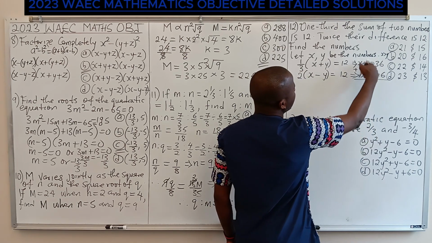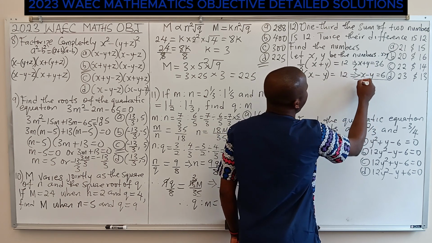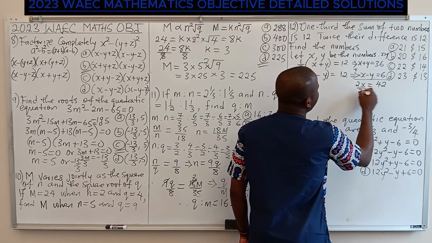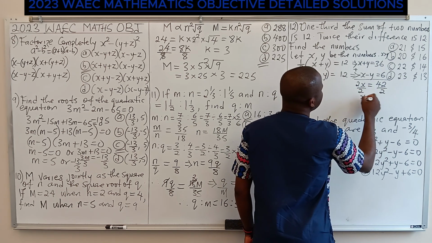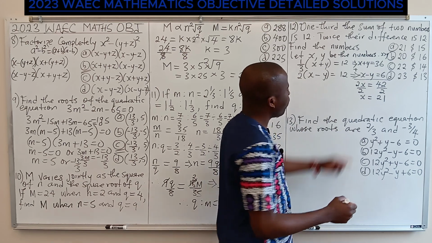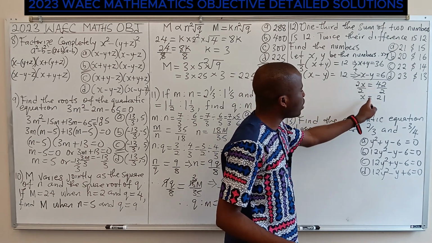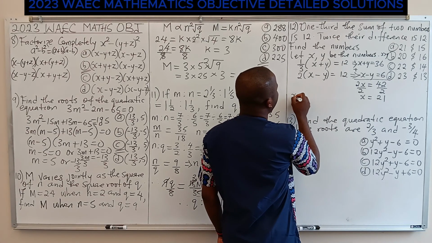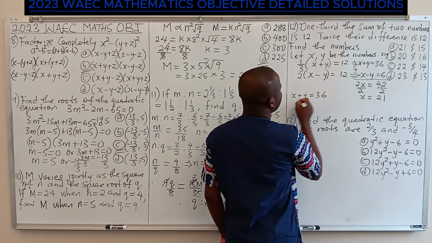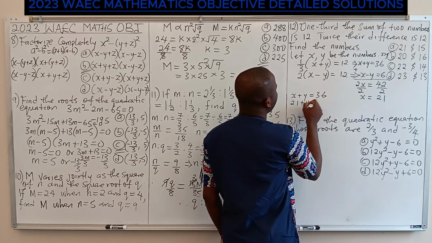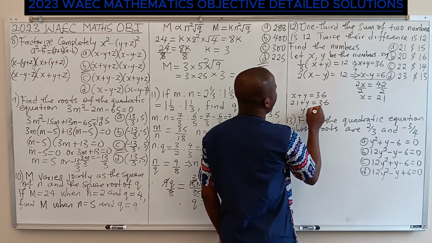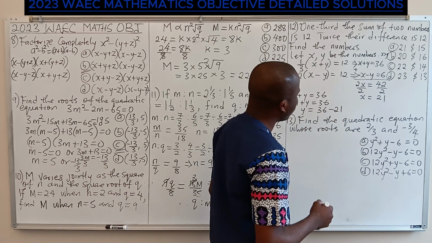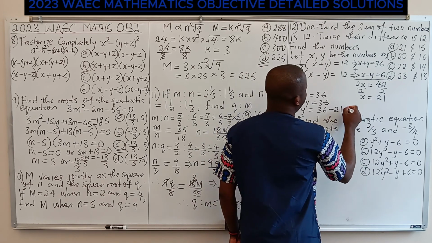If I add both sides, y will disappear and I'll have 2x is equal to 42. And divide both sides by 2, we'll have that x is 21. To find what y is, I can substitute x as 21 in any of these, so that x plus y equals 36, 21 plus y equals 36, y will be 36 minus 21, and 36 minus 21 will be 15.